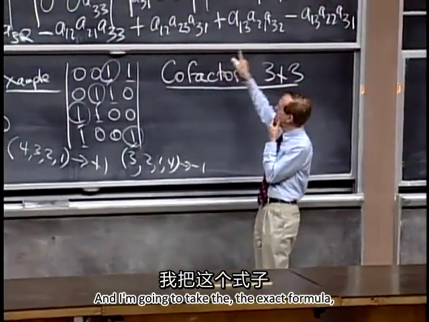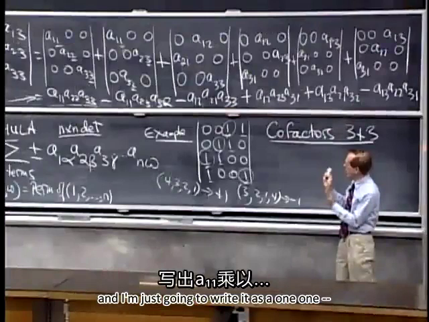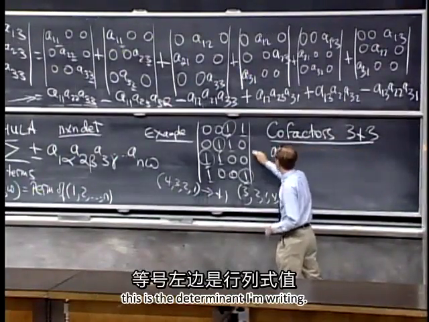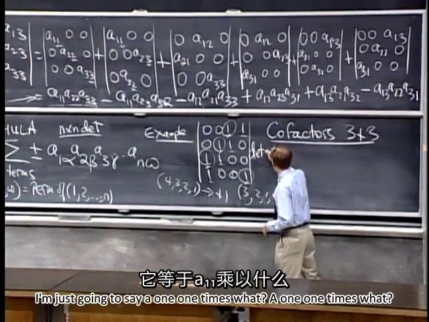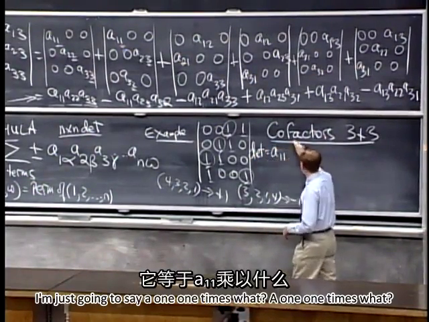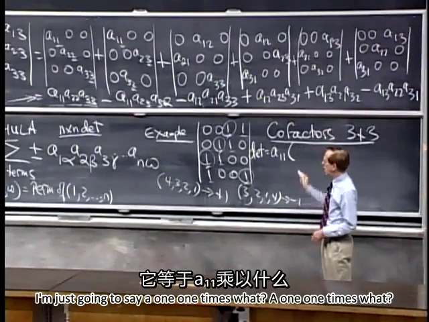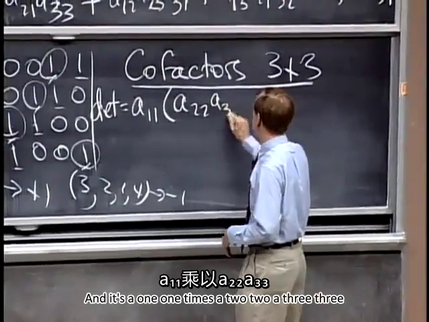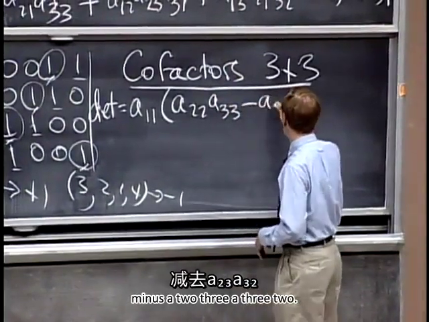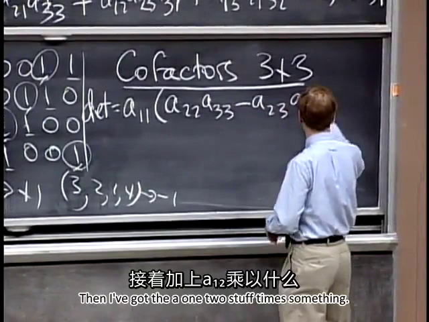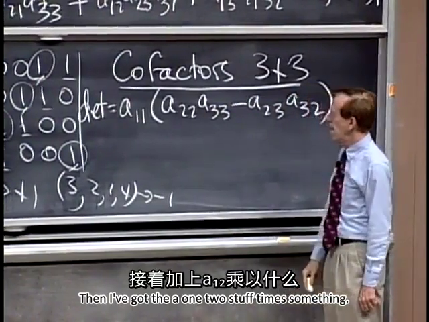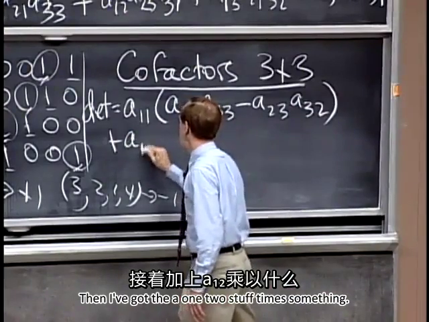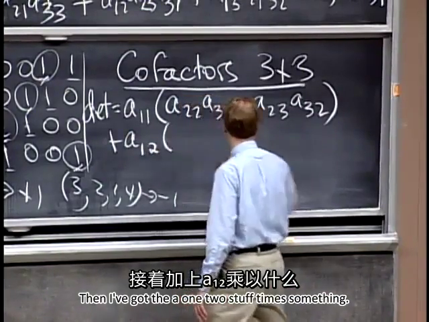I'm going to take the exact formula, and I'm just going to write it as A11 times what? A11 times A22, A33 minus A23, A32. Then I've got the A12 stuff times something.